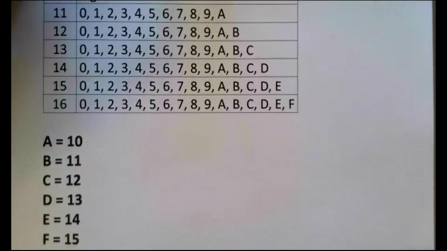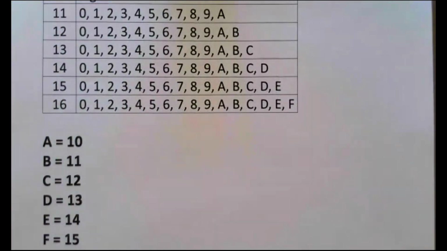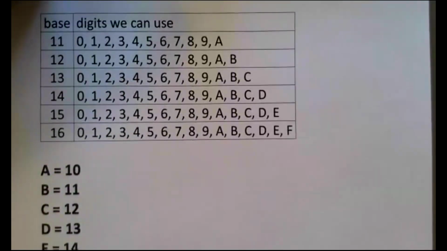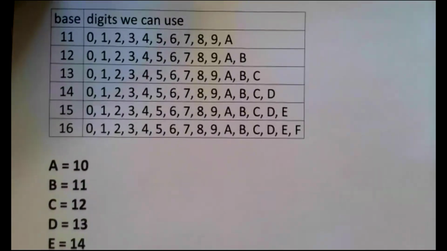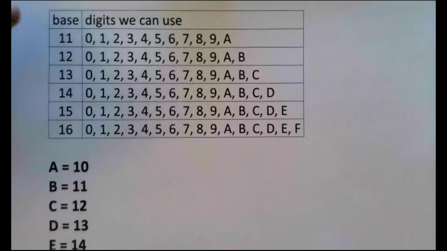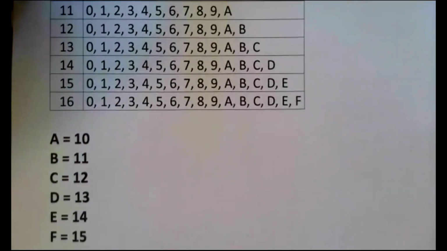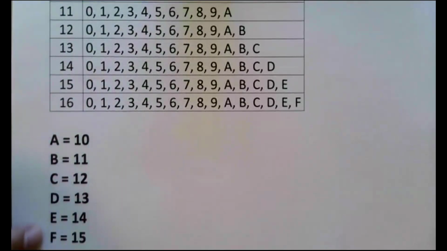That's because when we get past base 10, a number like 10 or 11 or 12 needs to be a single digit, but obviously they're not single digits. So we use a single character to represent those in certain bases. So this table is going to be helpful also. I'll probably go back and forth with this, but digits we're allowed to use in these bases, and what those letters stand for.